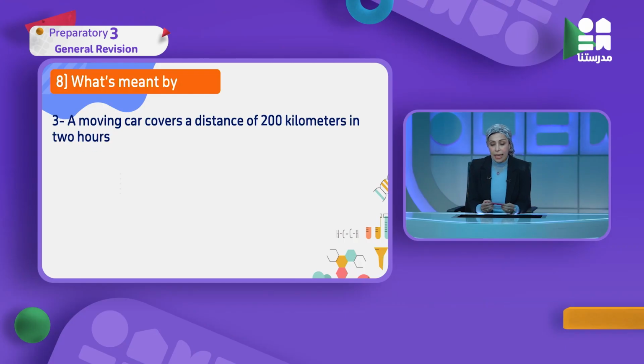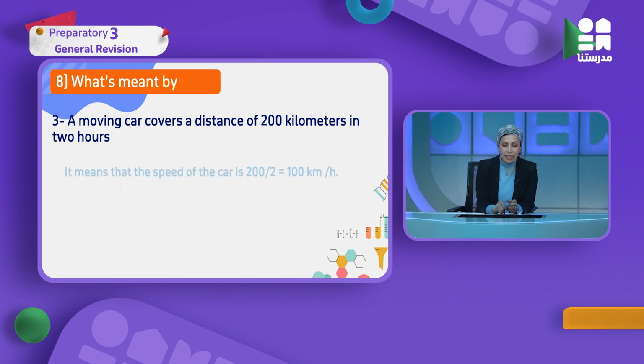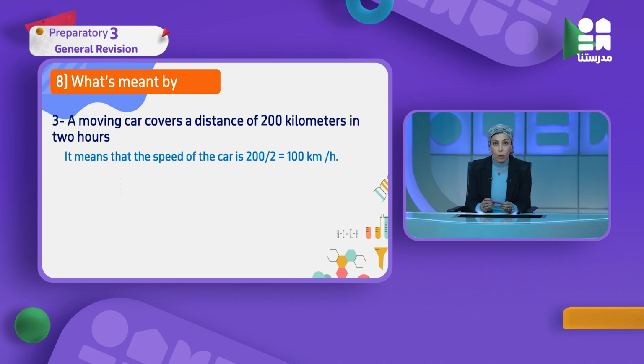A moving car covers a distance of 200 kilometer in 2 hours. It means that the speed of the car equals 200 kilometer divided by 2 hours, so I'm moving at a speed of 100 kilometer per hour. I have to solve it and then put the number.